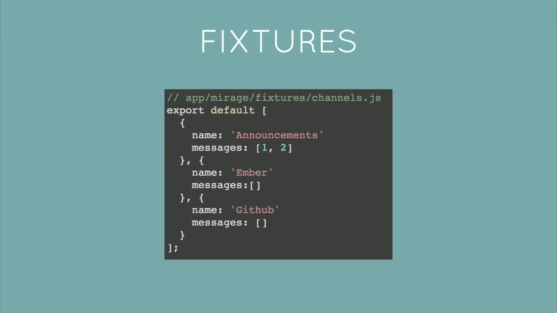You can use this primarily for tests, but the nice thing about creating these fixtures is that you can create your whole application and mock out the server before the backend has even been completed or is even up. You can have your full app if you know the specification of what the API is going to be, which you should, by being in very good communication with the backend.